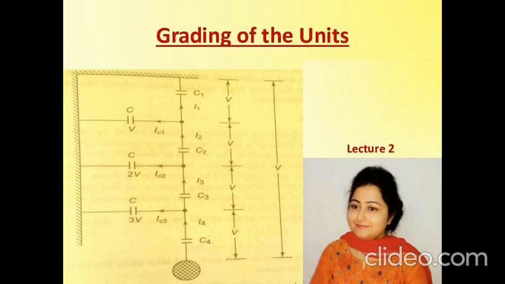So, to equalize the voltage across each unit, the topmost unit of the string, that is the unit nearest to the cross arm, must have minimum capacitance, and the bottommost unit, the unit nearest to the power conductor, must have the maximum capacitance.